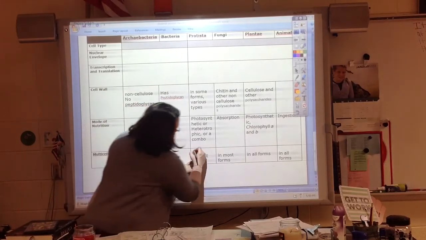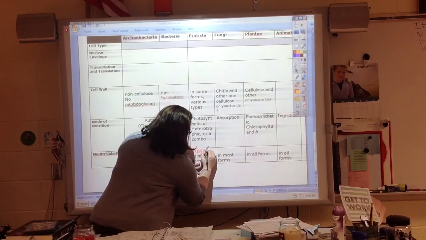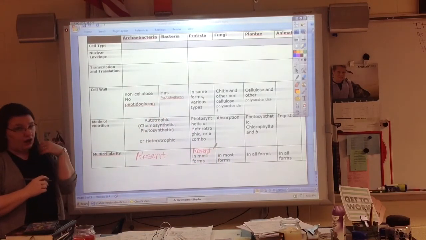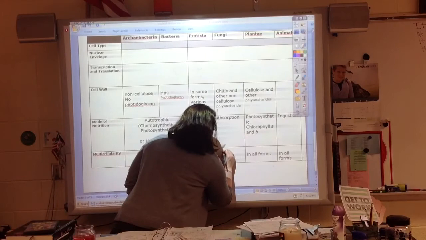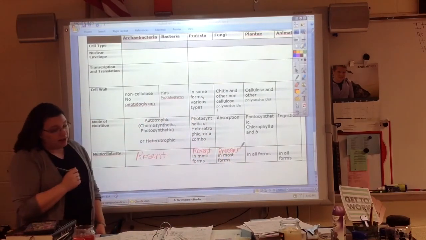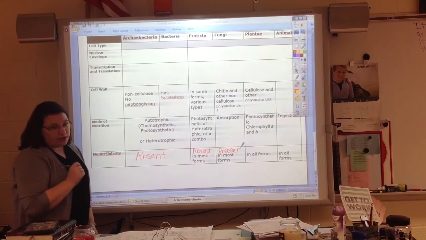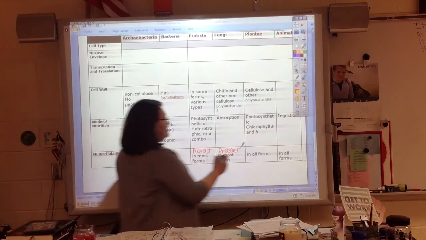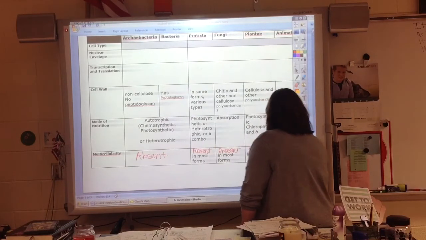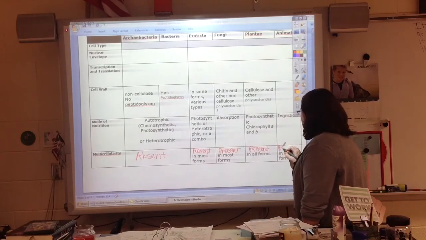It would be absent for most of the Protista, but not all. It's present in fungi because fungi are multicellular, and present in all forms of animals and plants.